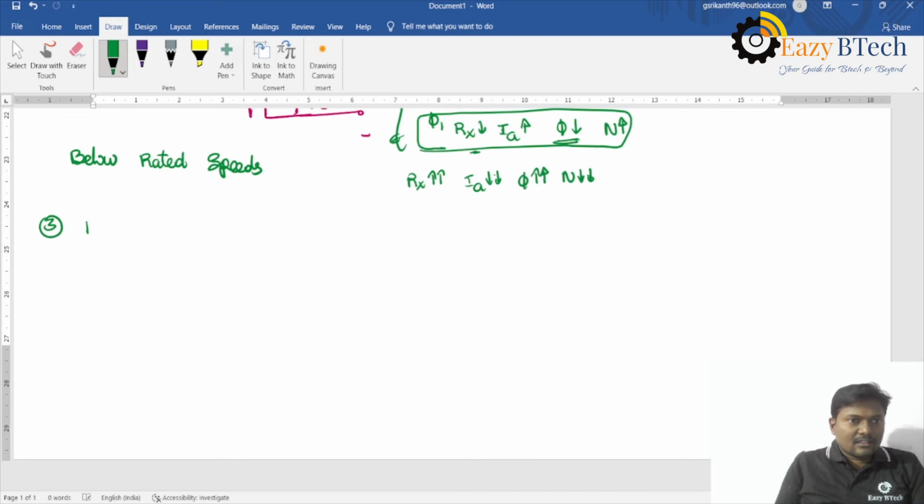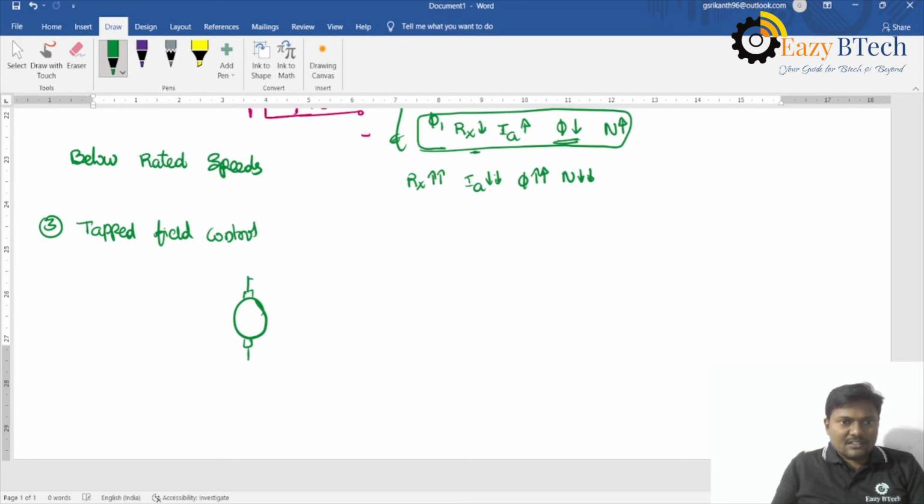The third method is tapped field control. It is a very simple method. I am connecting a number of turns like this. Suppose the current drawn is Ia.